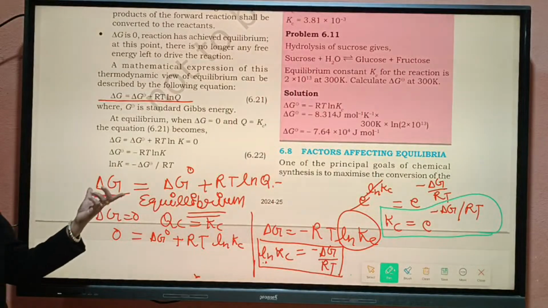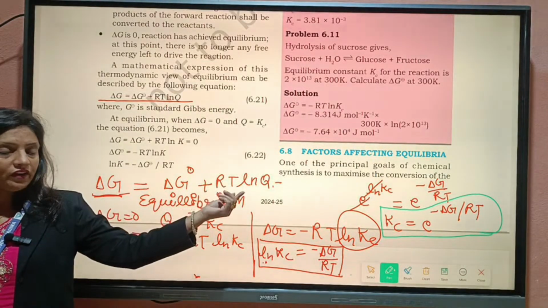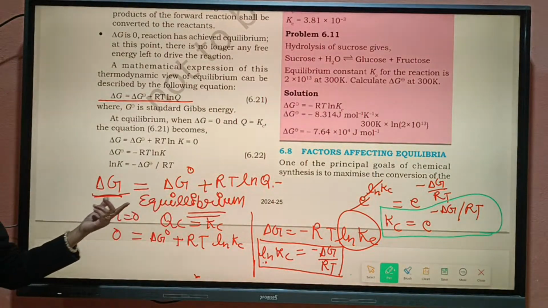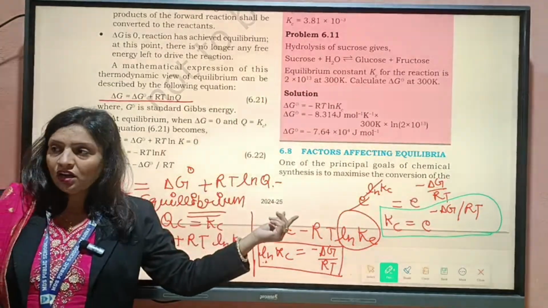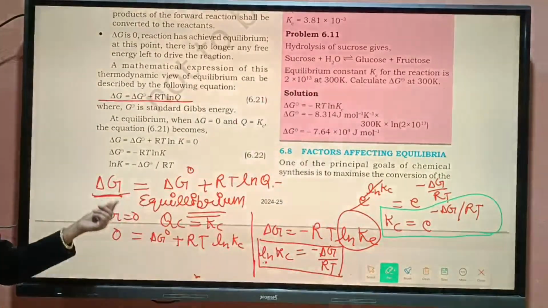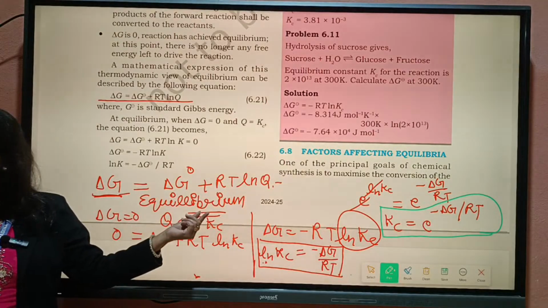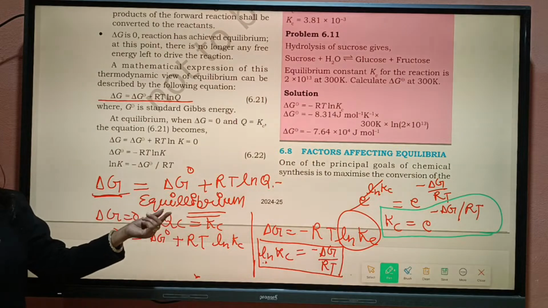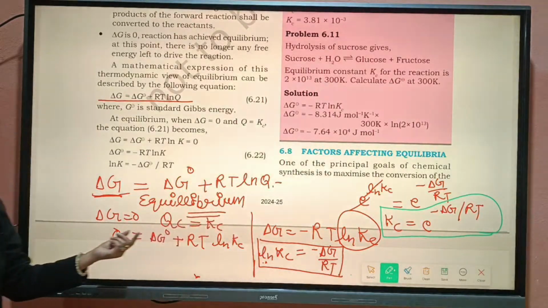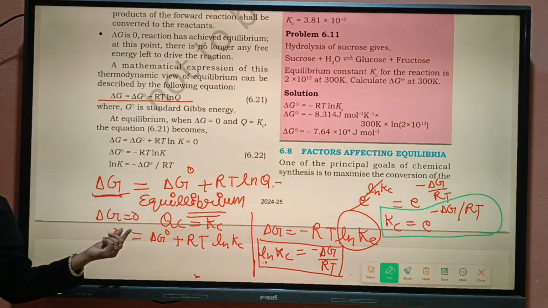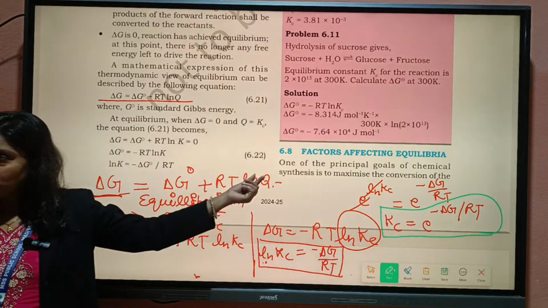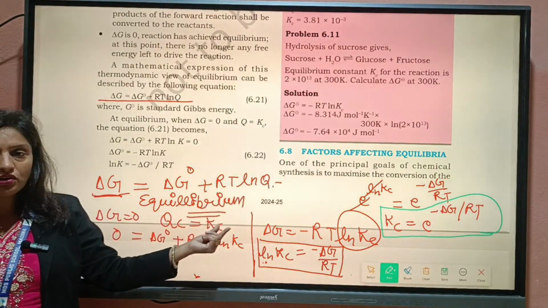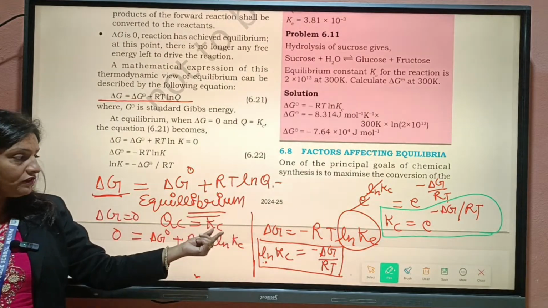From thermodynamics you know very well this equation, del G is equal to del G naught plus RT ln Q. Here, students, at equilibrium the change in Gibbs free energy will be zero, so del G will be equal to zero. And at equilibrium Qc and Kc are also equal, so put these values.